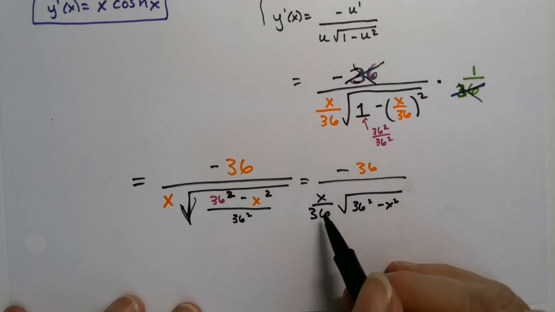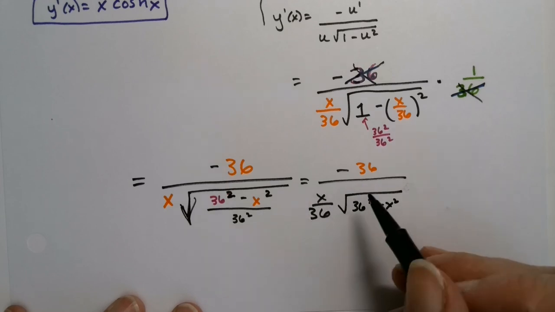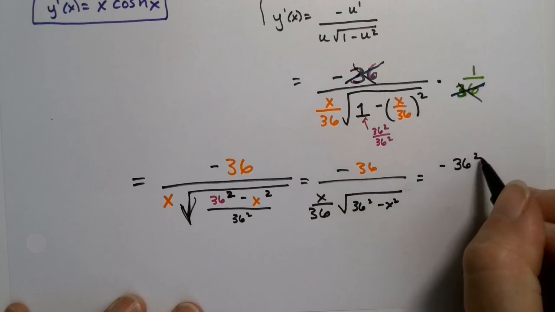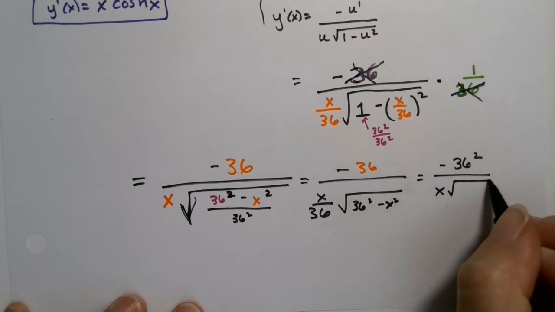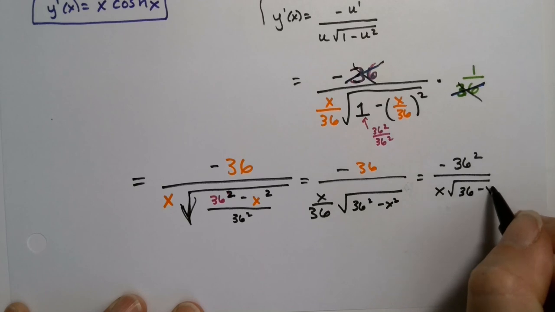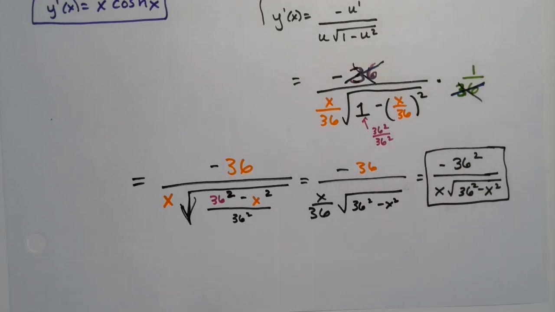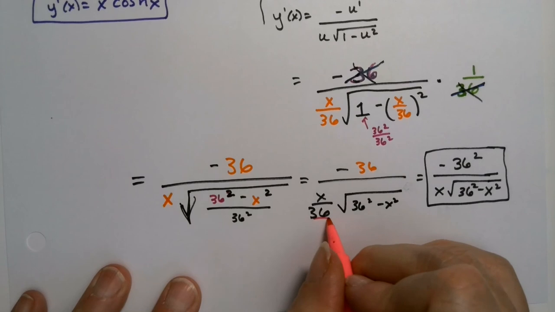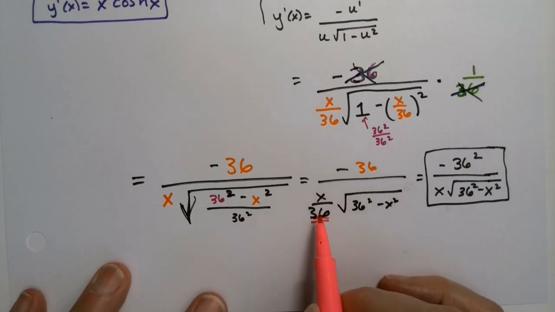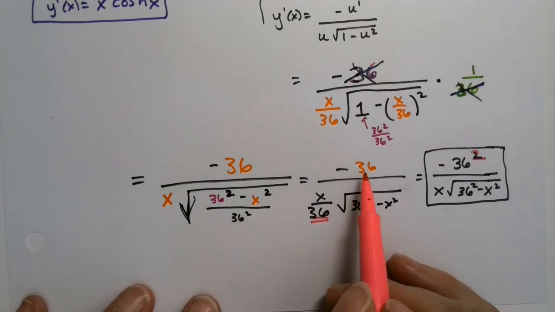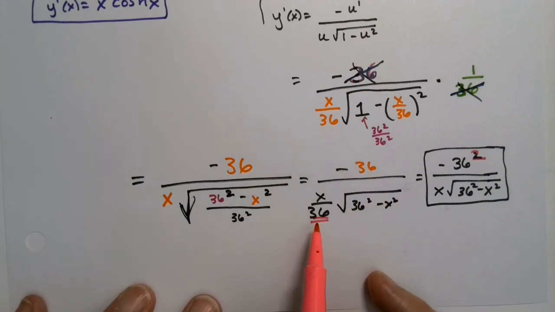So then again, we have a 36 in the denominator. So this makes it negative 36 squared over x times the square root of 36 squared minus x squared. That is the derivative, believe it or not. This 36 right here, because it's in the denominator, gets flipped up and is in the numerator, and that's why that's squared. There's a 36 already there, and then another 36 joins him.